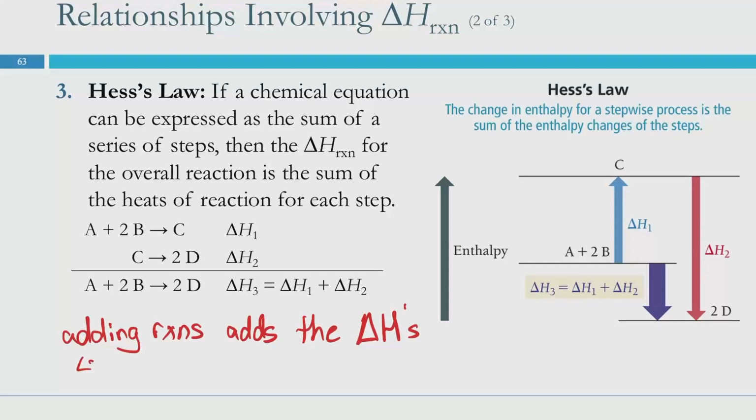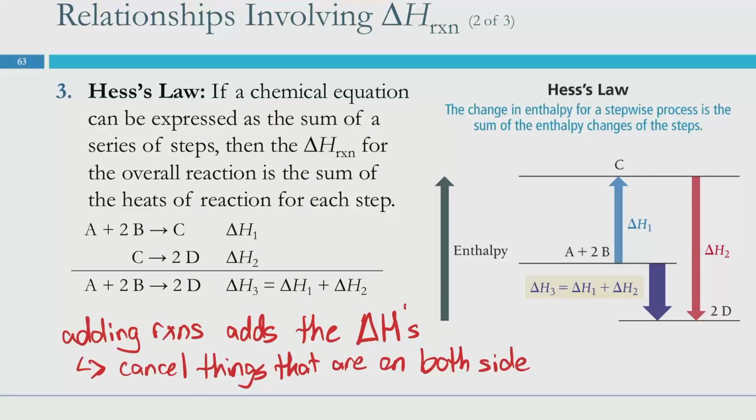When we add the reactions, we need to cancel things that are on both sides. Sort of like when we're adding stuff together for our redox reactions. When we're adding our reduction and oxidation half reactions together, we cancel stuff out that's on both sides. We have to do that for Hess's law as well.